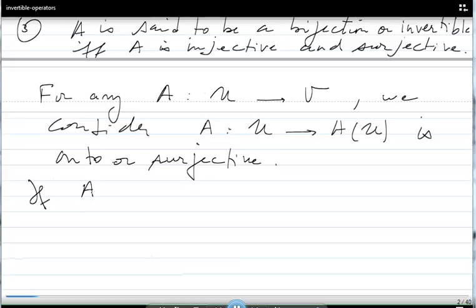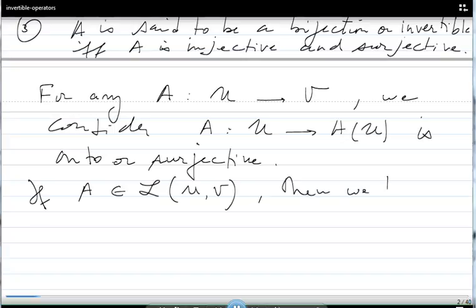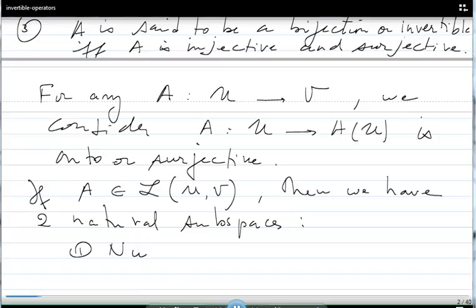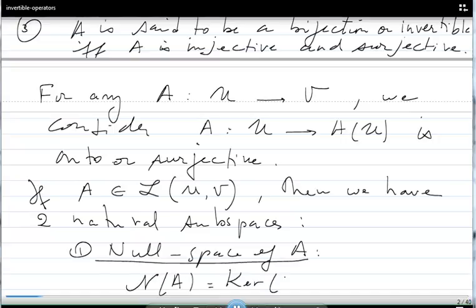Okay, if A is a linear operator, then we have two natural subspaces associated to A. Number one is what we call the null space of A, N of A, equal to the kernel of A, equal to the vectors u in U such that A of u equals 0.